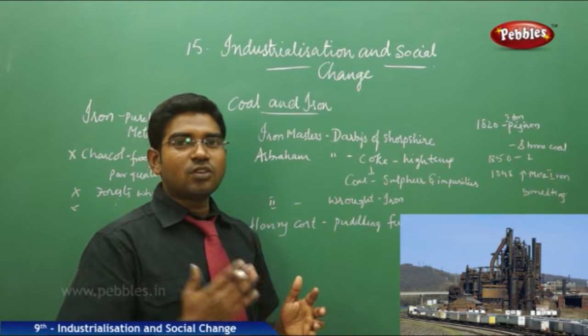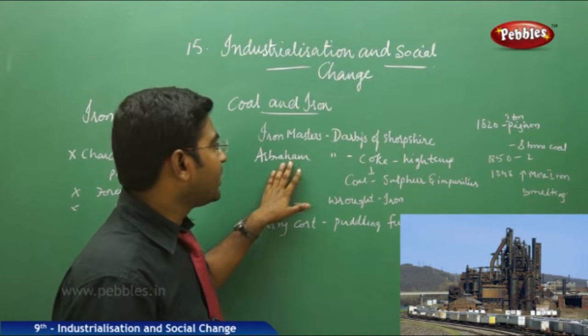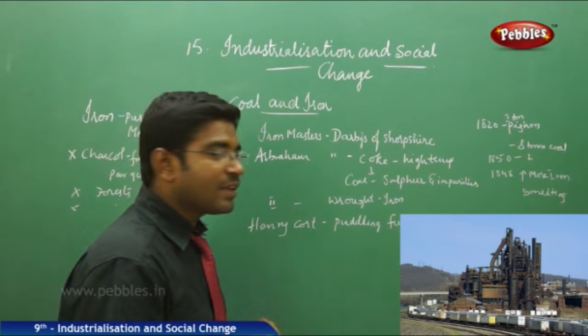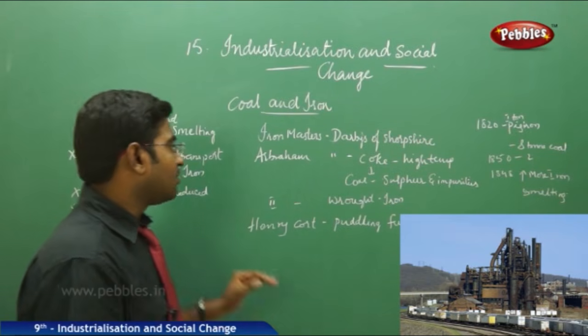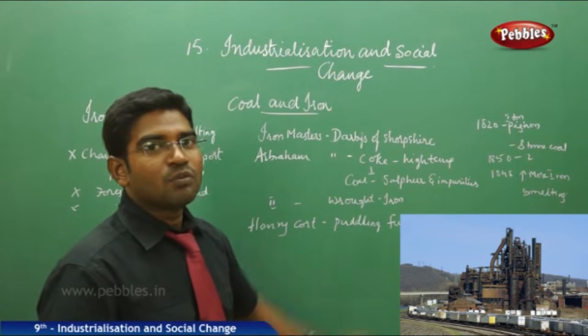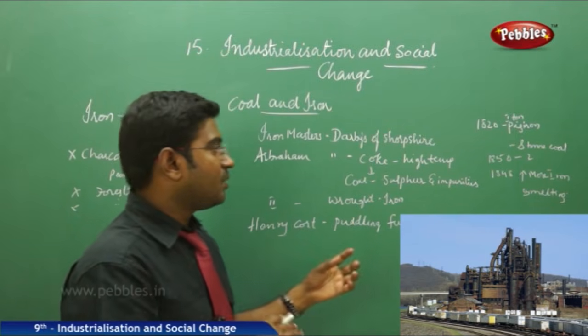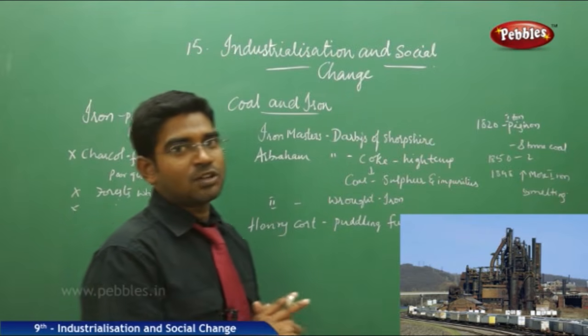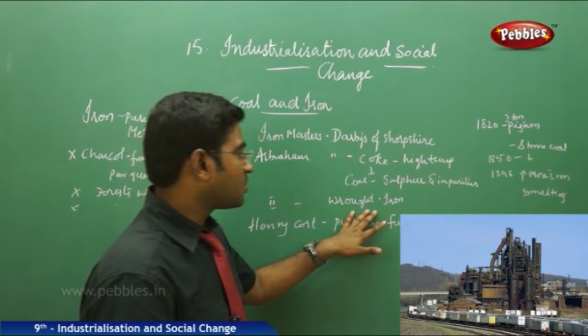With coke we were able to produce iron very easily. Later there was a better development by the second Darby, who produced wrought iron from pig iron. He made a somewhat flexible iron that could be shaped according to our needs. This also added a great contribution.